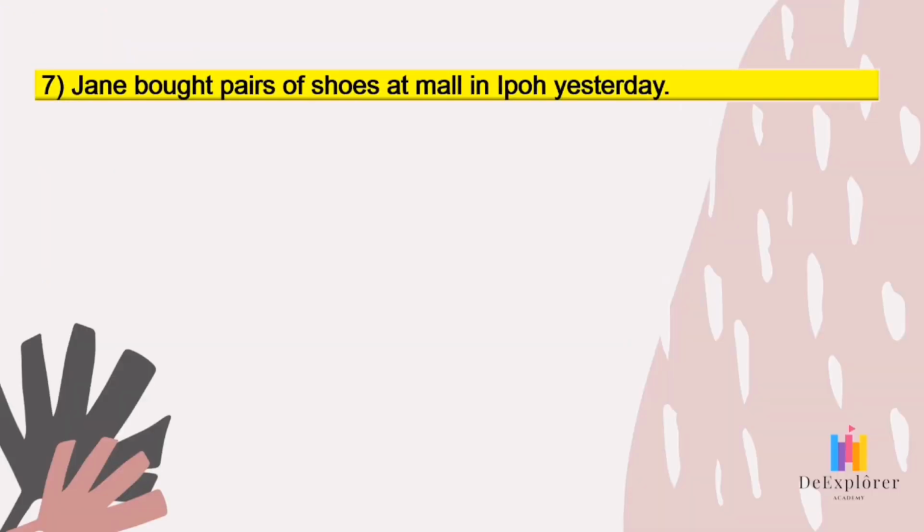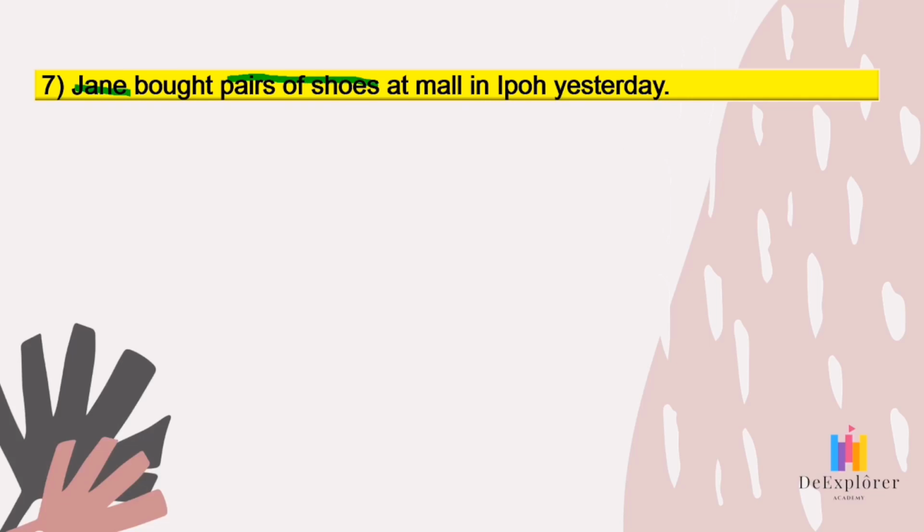Question number 7. Jane bought pairs of shoes at mall in Ipoh yesterday. Underline the nouns first. Jane. Pairs of shoes.